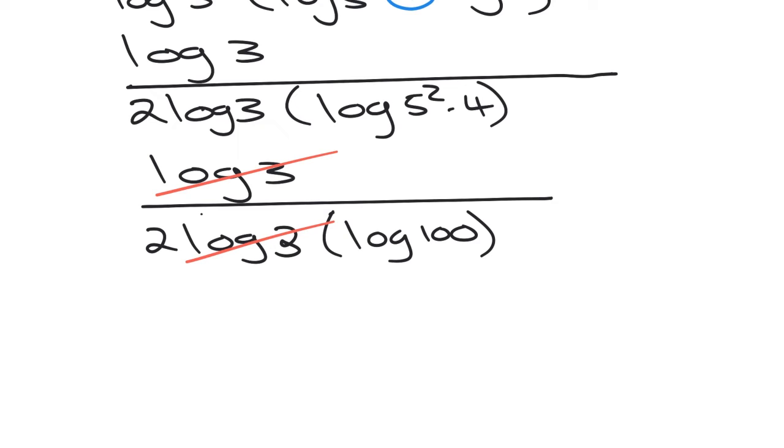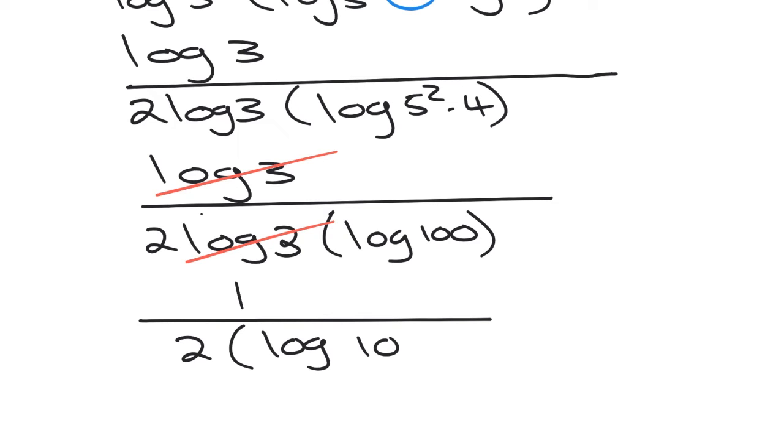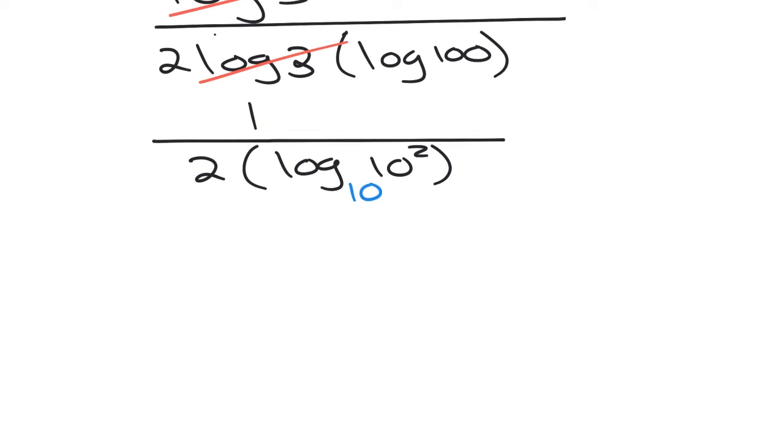Now we're going to be left with 1 over 2 log 100. Now log 100, we're going to change that to a log of 10 to the power of 2. Why do we want to do that? Because recall that if there's no base at the bottom there, it's always a 10. So now this would work out beautifully, because what are we going to get? We are going to have a 1 over 2.